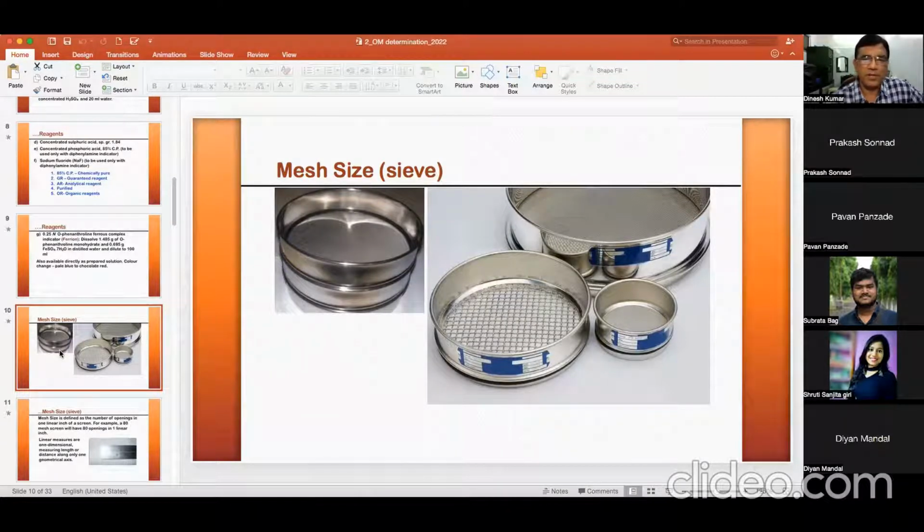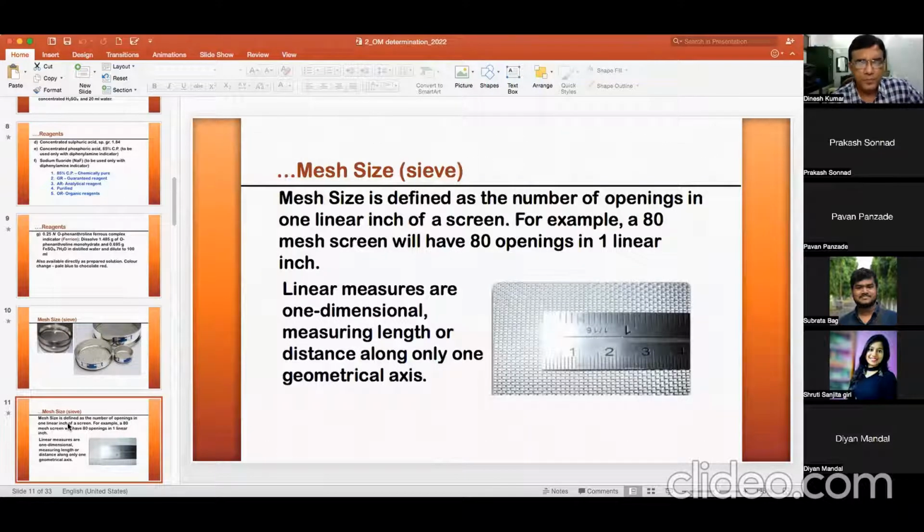No, nobody knows. Okay. Actually, mesh size means the number of holes in 1 linear inch. Now you will ask what is 1 linear inch. It is the length of 1 inch. In a length of 1 inch, how many holes are there? That is your mesh size. So mesh size is defined as the number of openings in 1 linear inch of a screen.